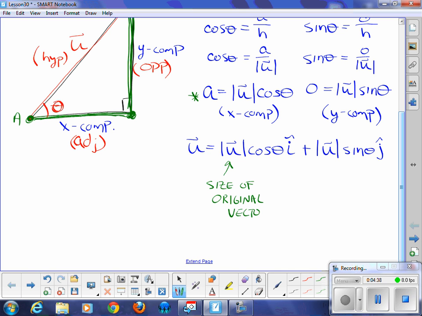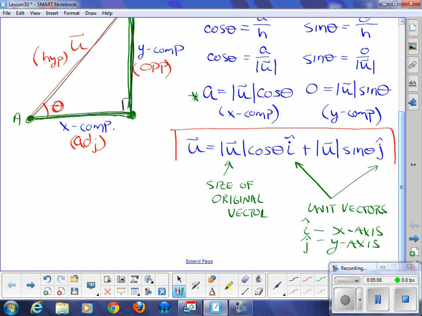And these i and j are what we call unit vectors, and they tell us which way it's pointing. The i is always used to indicate the x-axis, and j represents the y-axis. So this is the formula that must be on that cheat sheet that you're creating.